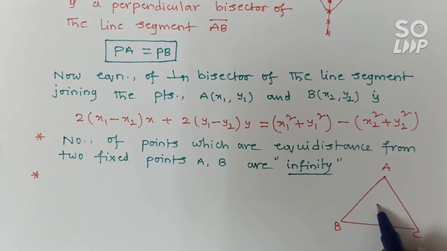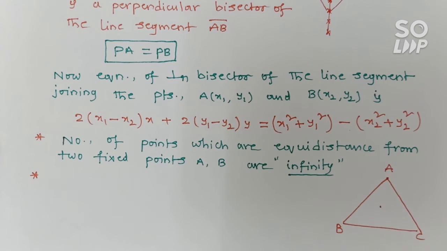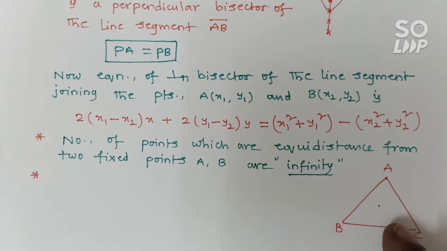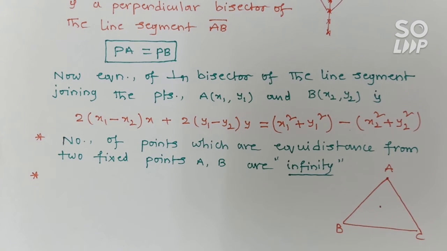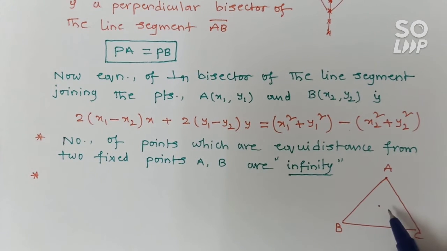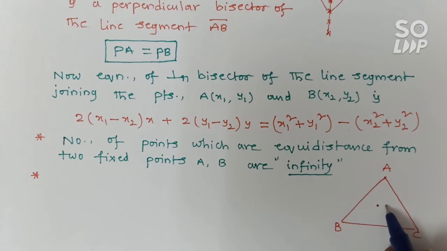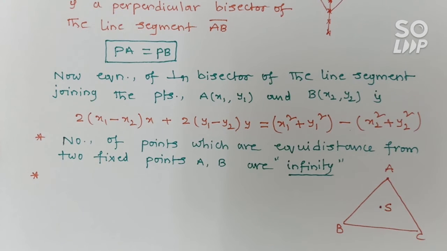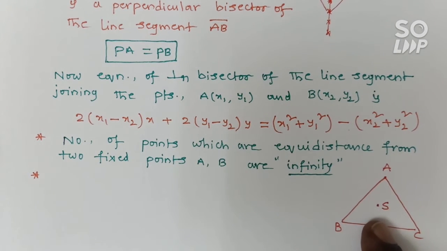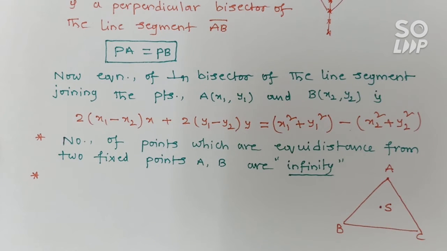Now in this triangle, how many points are equidistant from all the angular points? Angular points means vertices. So how many points will exist in equidistance? Only one point, that is the circumcenter. We know from the definition that the circumcenter is equidistant from all the vertices.